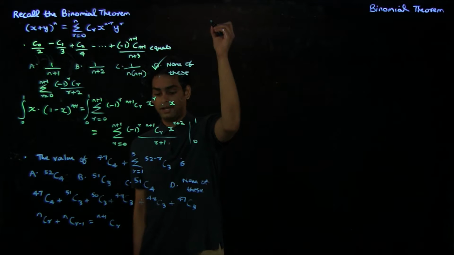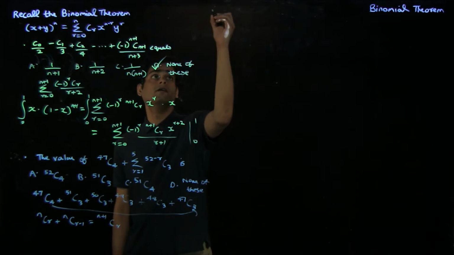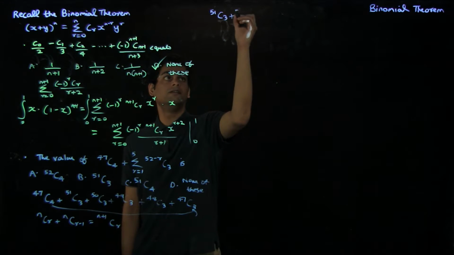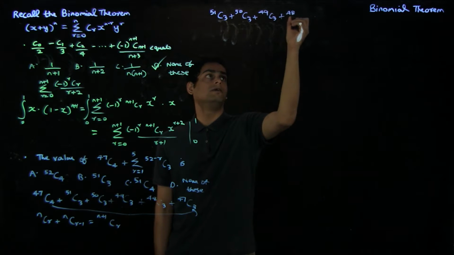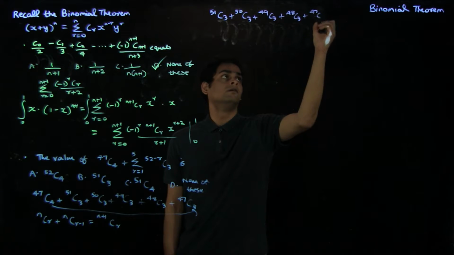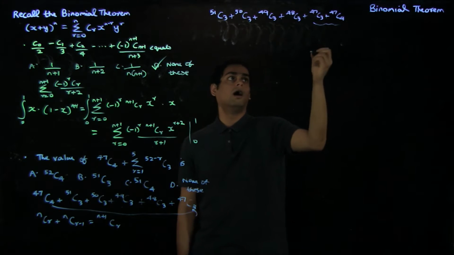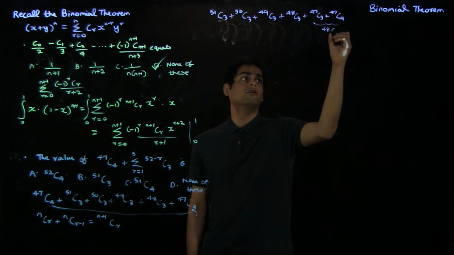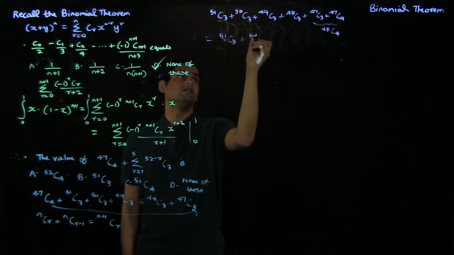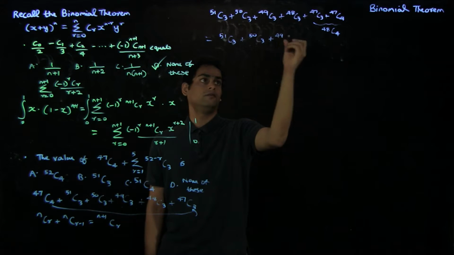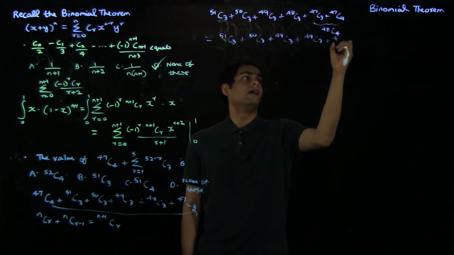So let's rewrite this. Let's move the 47C4 all the way to the end, and we have 51C3 plus 50C3 plus 49C3 plus 48C3 plus 47C3 plus 47C4. We are going to combine these two terms to get 48C4, and then this becomes 51C3 plus 50C3 plus 49C3 plus 48C3 plus 48C4.